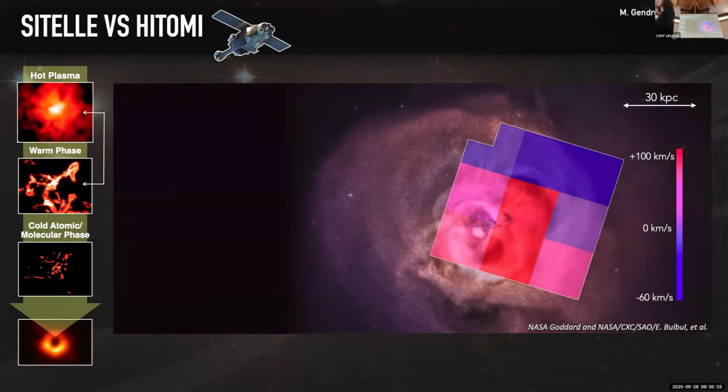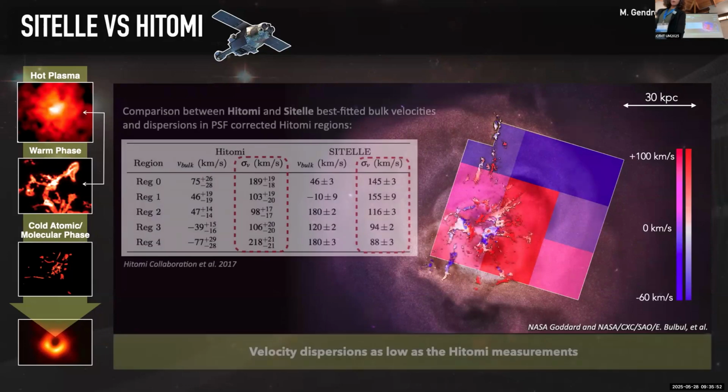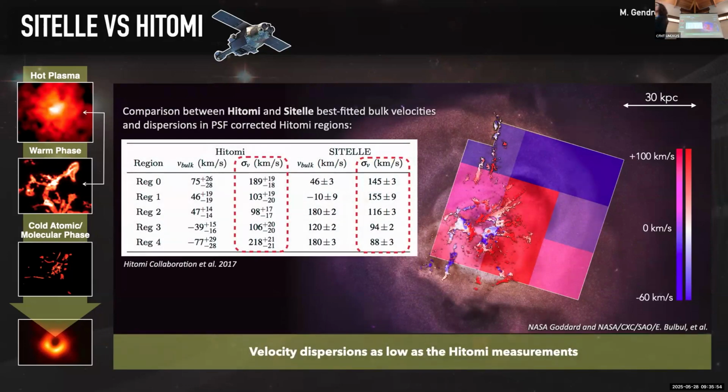And Hitomi, during its very short life, had the time to observe the Perseus cluster. You can see here in the background the Chandra observation with all the cavities inside the cluster. And this is an actual velocity map of the intracluster medium, the only one that we had from Hitomi. We can compare this with SITELLE, of course at very different spatial resolution.